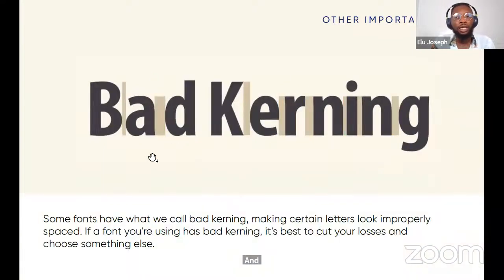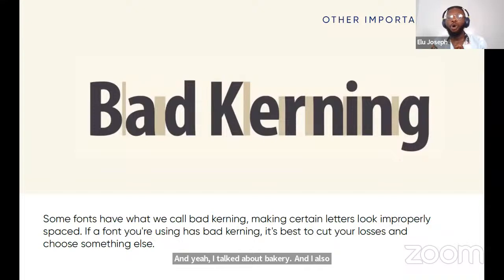I also mentioned that most fonts already have perfect kerning for you, so you shouldn't need to worry about how to adjust. But if you see a font that has bad kerning, the best advice is to just change the font to another font that works.